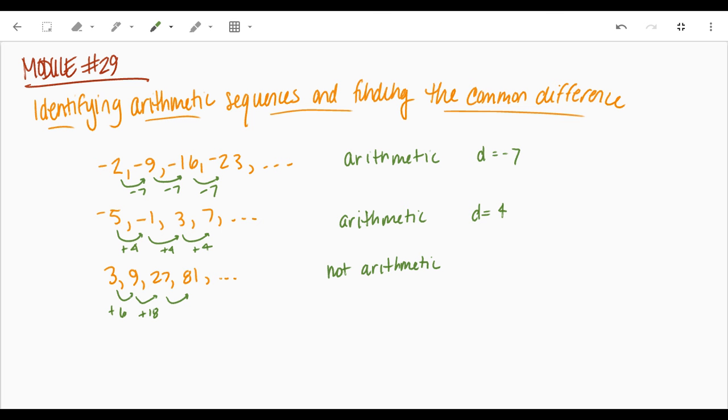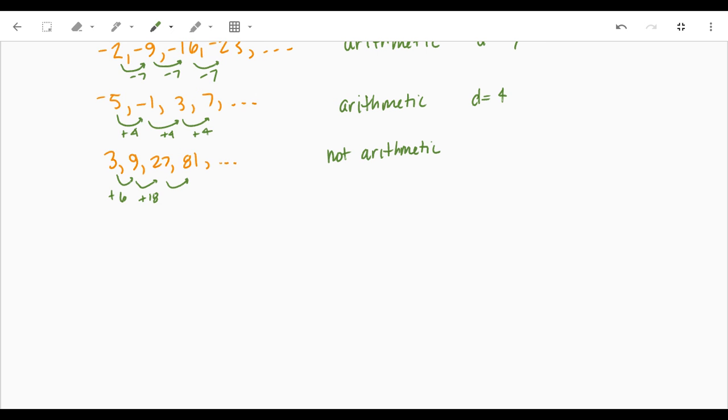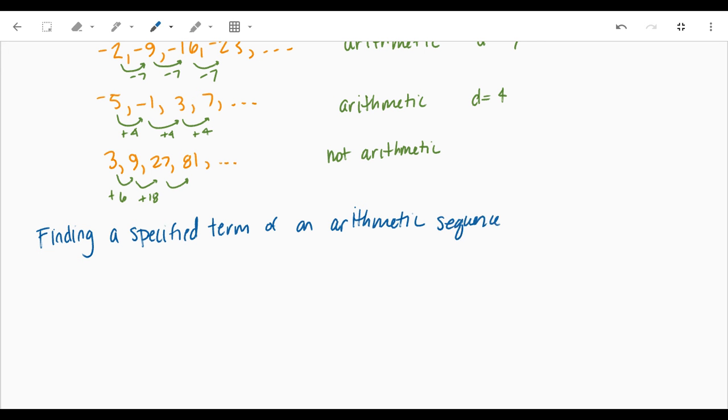The next one is finding a specified term of an arithmetic sequence given the first terms. It's weird that they have you do this before they have you actually writing the equations. So we'll go through that too.